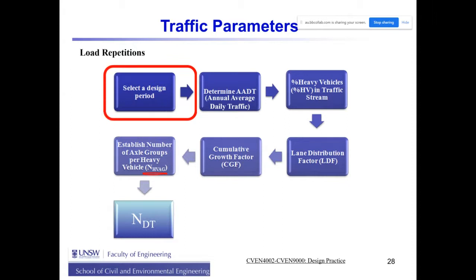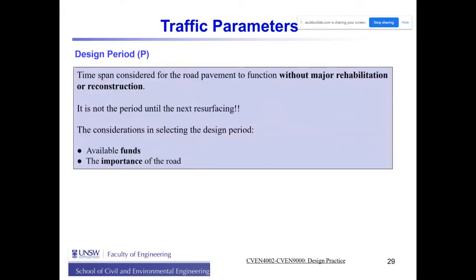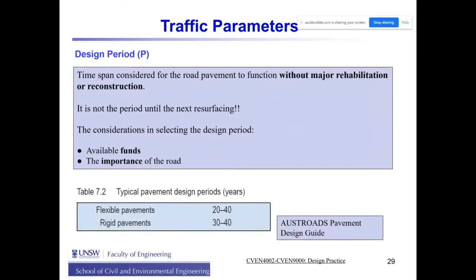Starting from the first one, what is this design period? The definition in Austroads is the time span considered for the road pavement to function without major rehabilitation or reconstruction, right? So if we have major failure in the road prior to the design life, it is considered as the failure of the design.